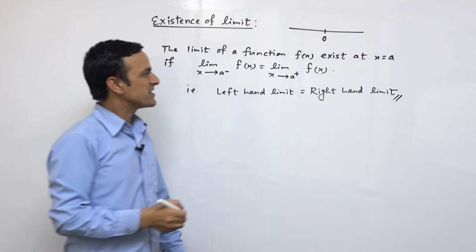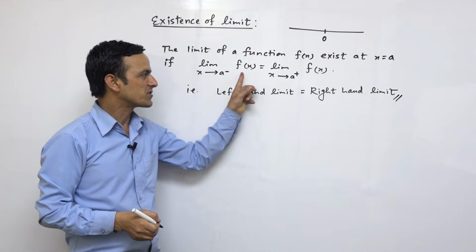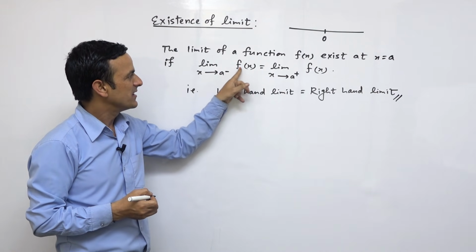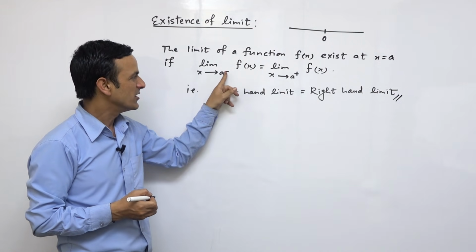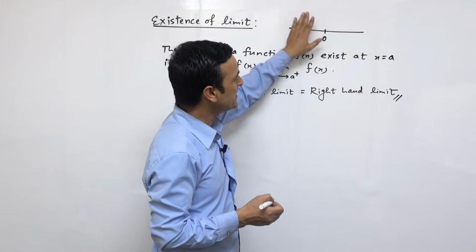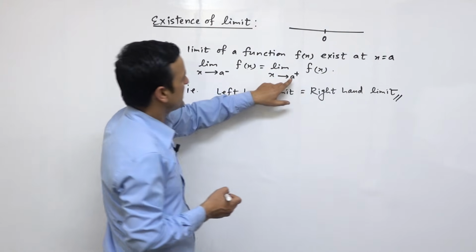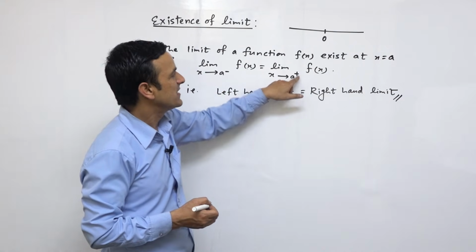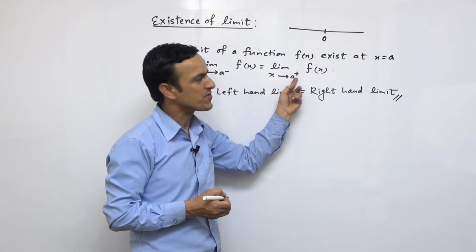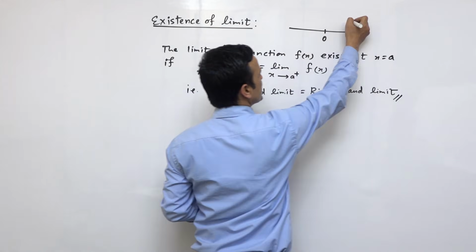So for existence, both terms must be equal. So minus means the limiting value of this function which is taken from left side, from 0, and a plus means it is the limiting value of this function when the value of x is taken from right side, means this side.